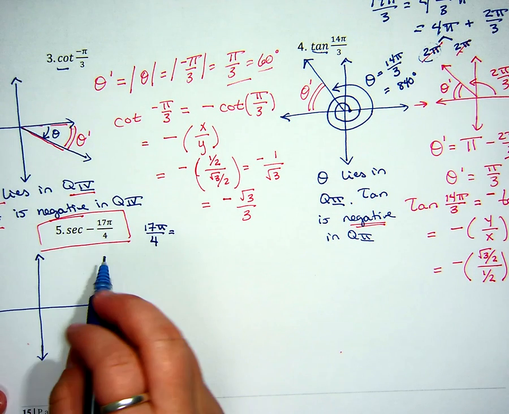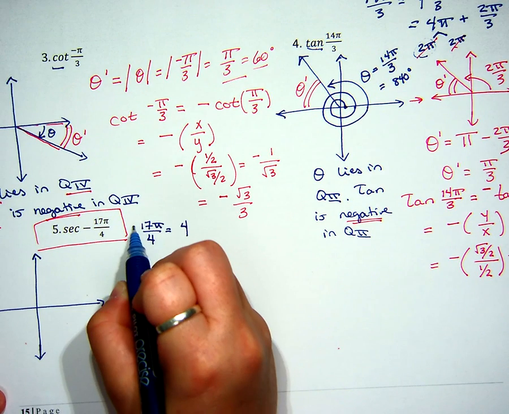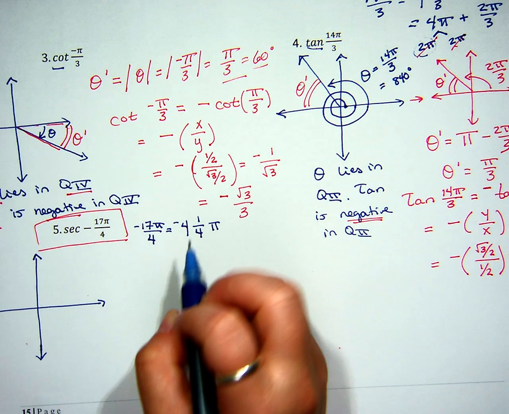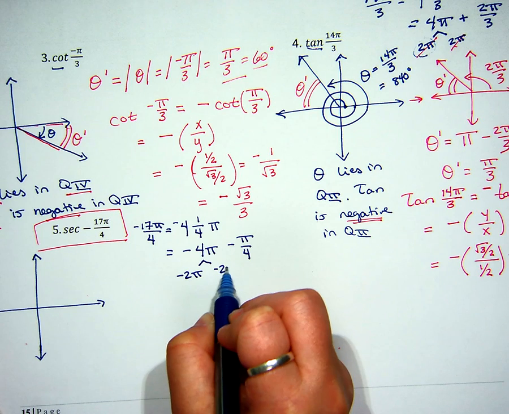For example, 4 goes into 17 how many full times? 4 full times. And we have 1 left. We're basically going to break this so that we know each piece. Okay. Again, negative 4 pi is negative 2 pi and negative 2 pi.